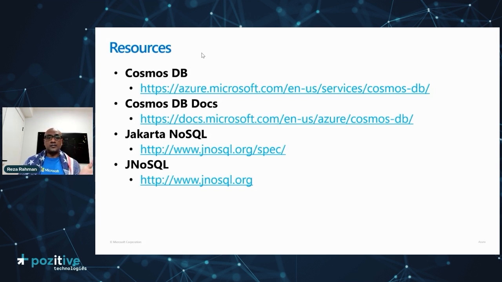Okay, so I've given you a link to the spec document. And if you want to learn about the implementation, the only implementation so far, JNoSQL, the best place to learn about that is jnosql.org. And over there, you will see examples of how to connect to the various databases, what JNoSQL databases are supported, and so on. So that's also a very important resource.